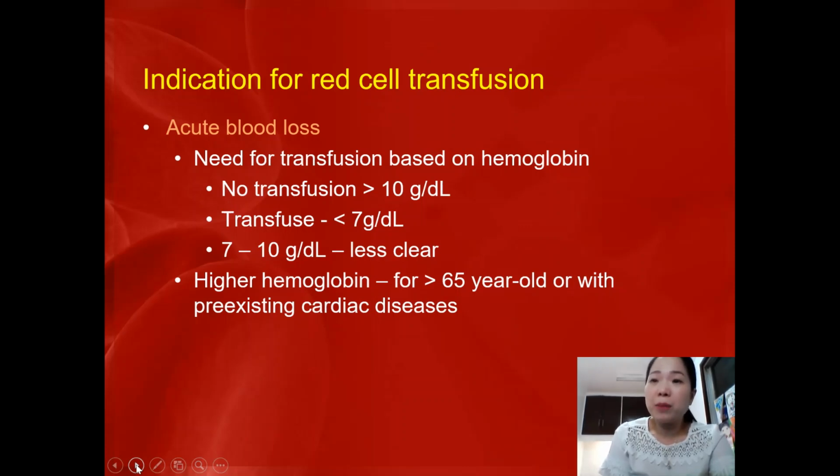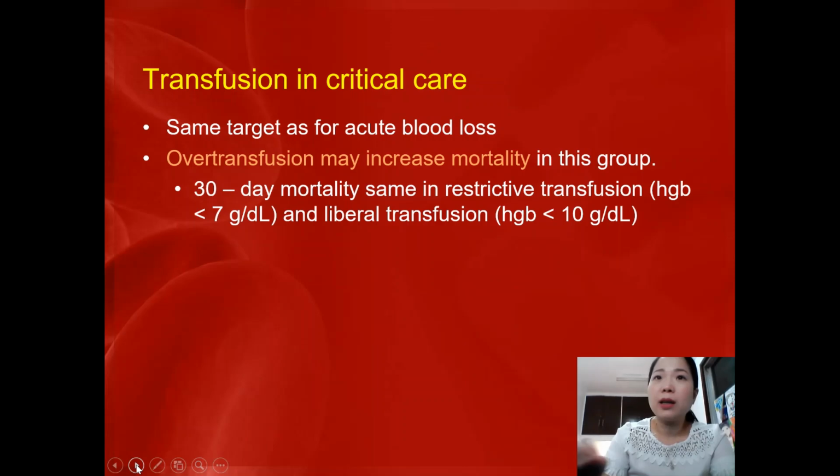Remember, this elderly patient has a lot of comorbidities, and these comorbidities may become unstable. Hence, you have to target a hemoglobin level of at least 10. So for transfusion in the critical area, the target is the same as that for acute blood loss. And overtransfusion may increase the mortality in this group.